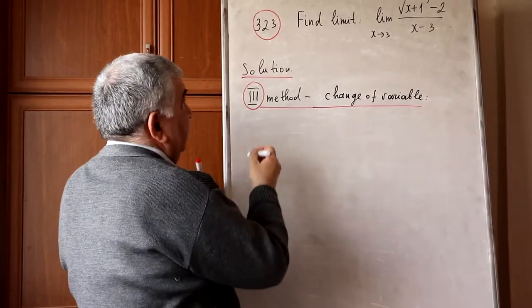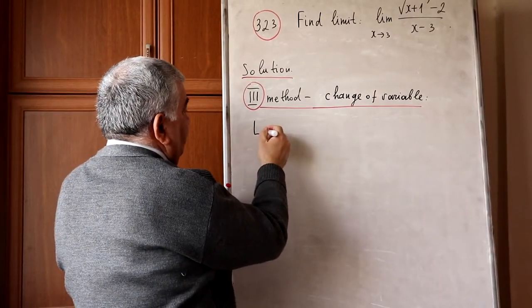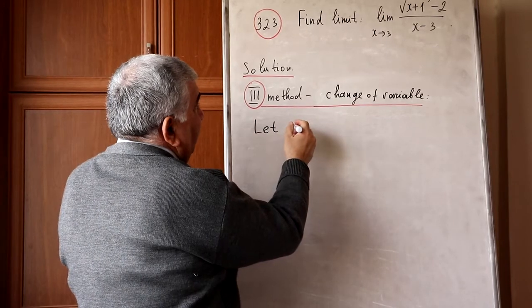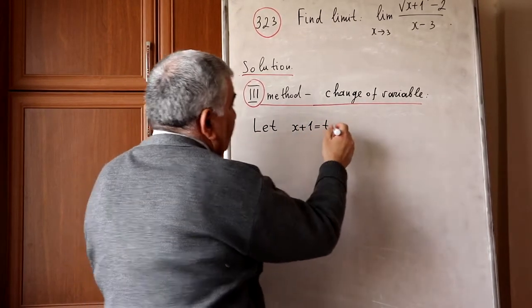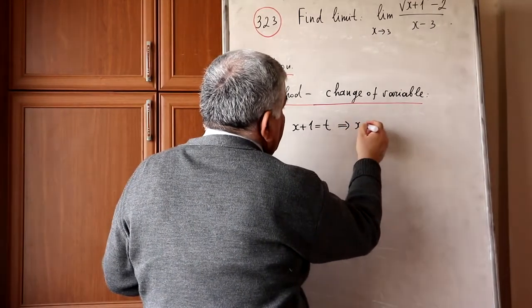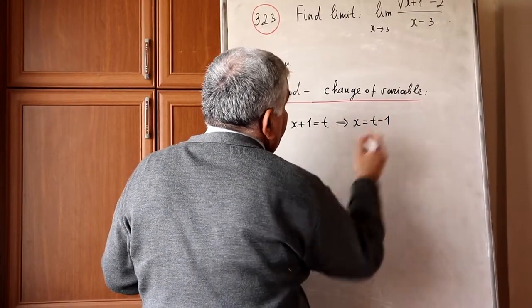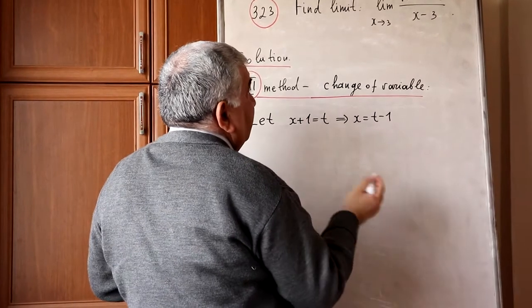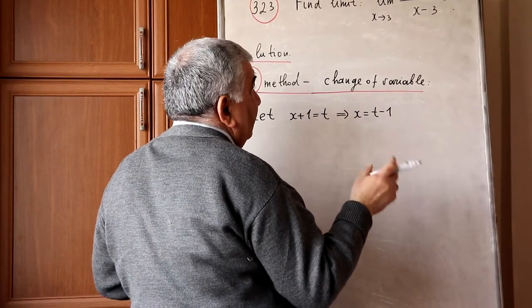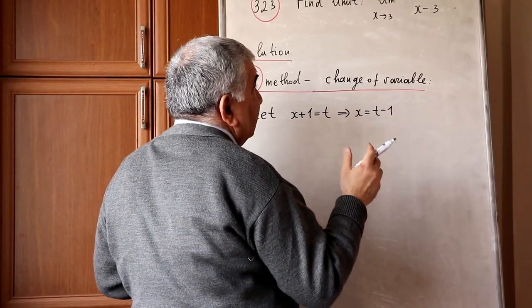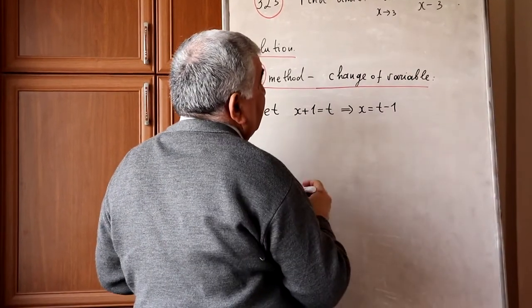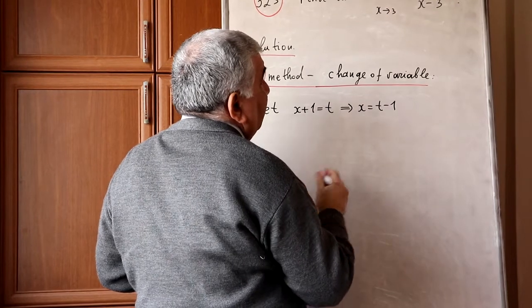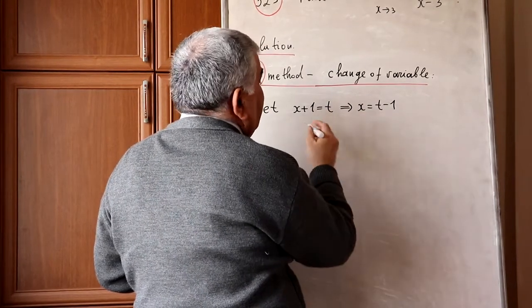For example, let x plus 1 be t. Then x is t minus 1. And here we must also change the limit and write the limit for the new variable t.